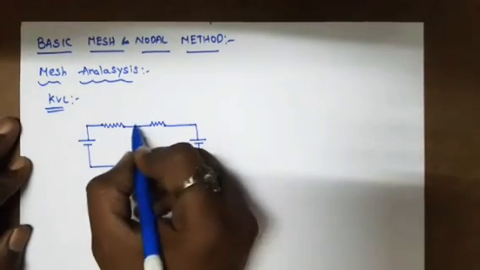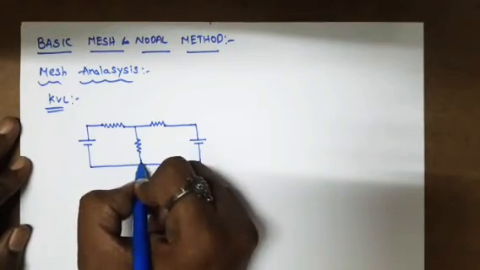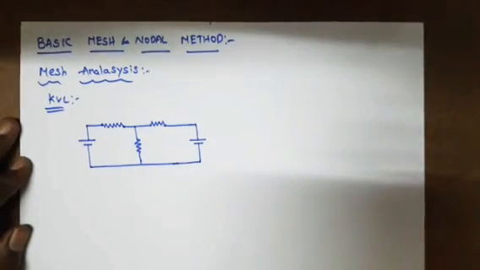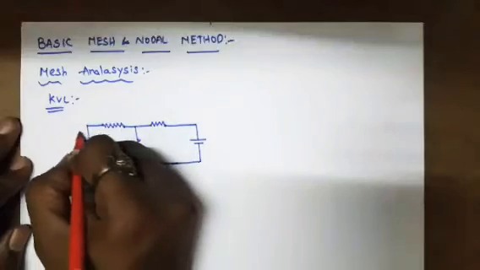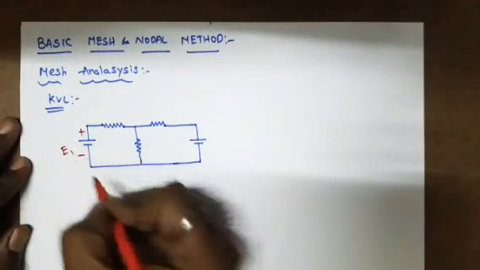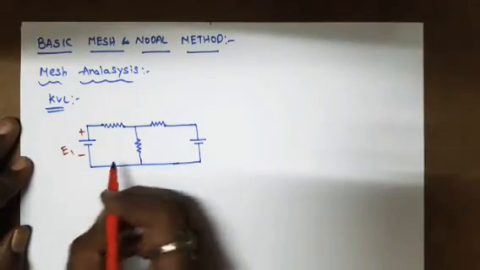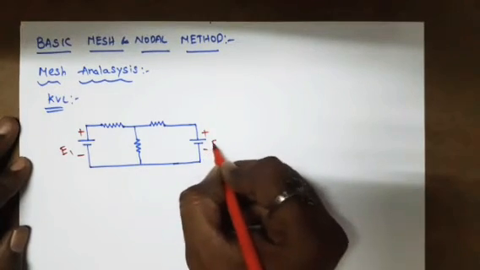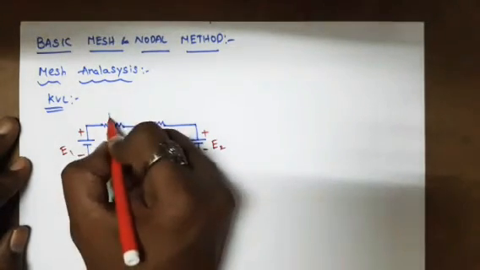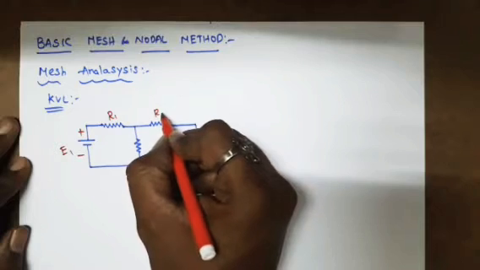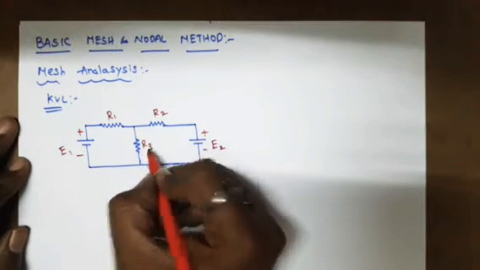Two voltage sources and three resistors. See here the voltage sources: this one is plus minus, the longer arm is plus and the shorter arm is minus, and here longer arm, shorter arm, E1, E2. The resistors are general resistors R1, R2, R3.